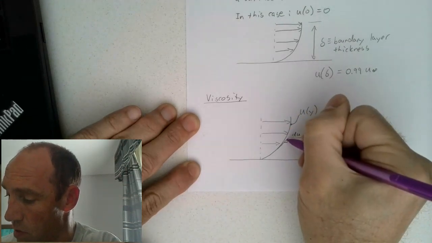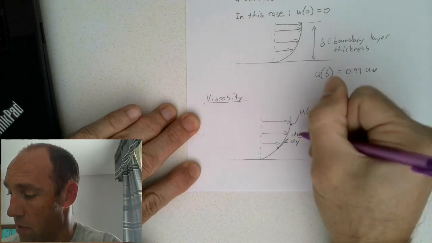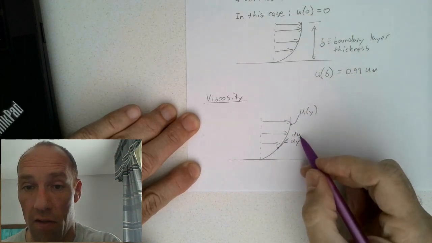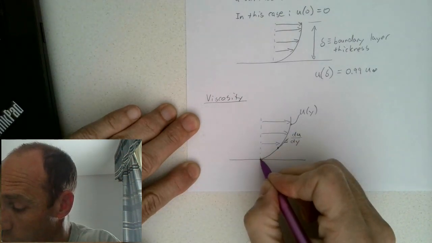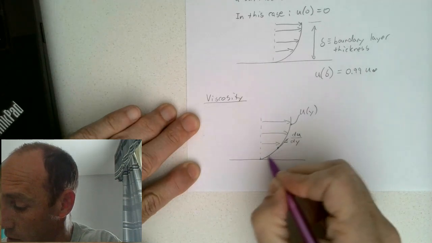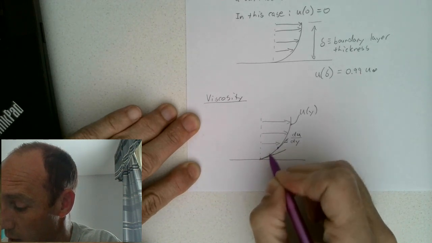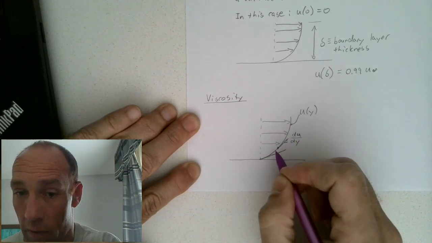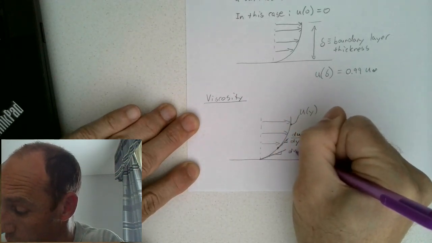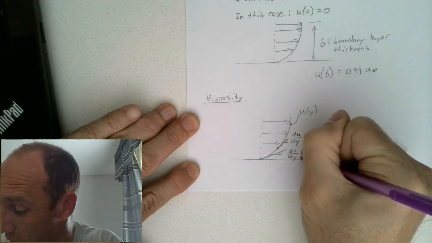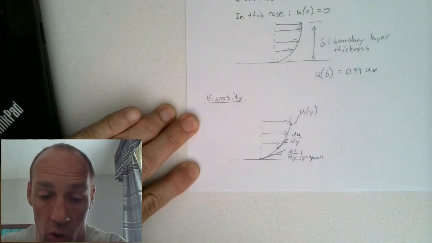The slope of this curve at any point is just the derivative of the x component as a function of y. Usually of interest is this gradient at the interface between the fluid and the wall.